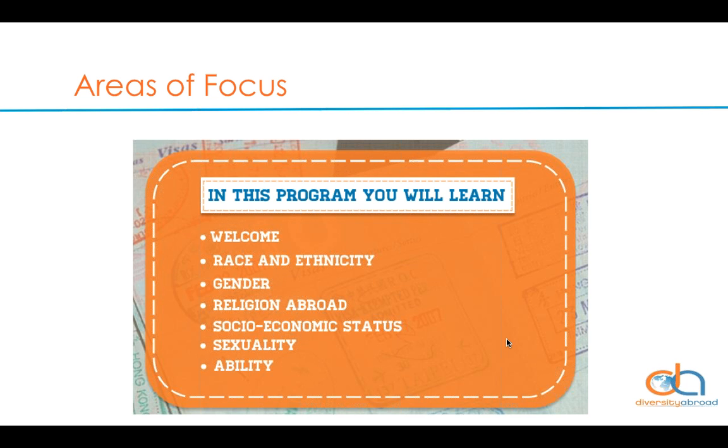The module then walks through the 6 different identities defined by the committee, going through different content areas, walking students through questions, and providing additional resources, including videos and outside articles for students to consider in each area. Race and ethnicity is included here, gender, religion, socioeconomic status, sexuality, and disabilities.